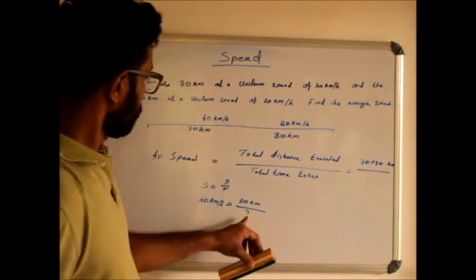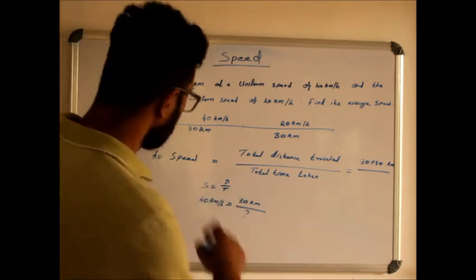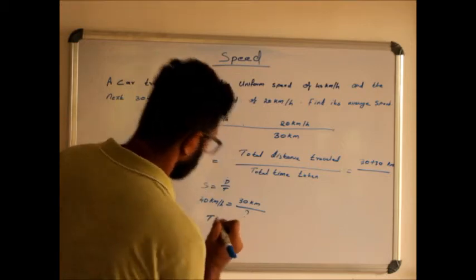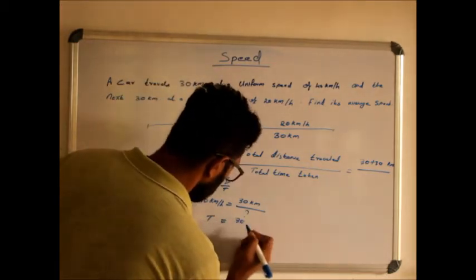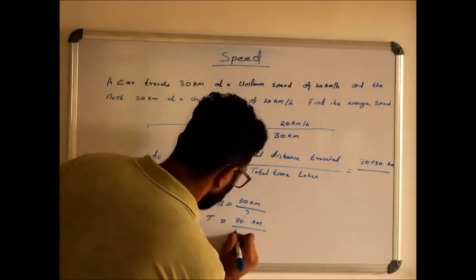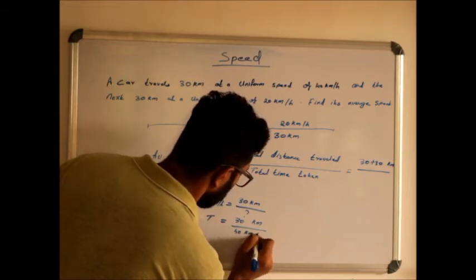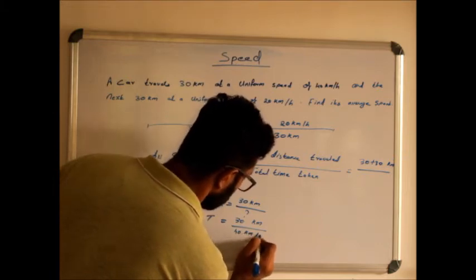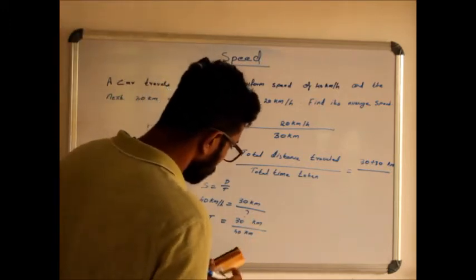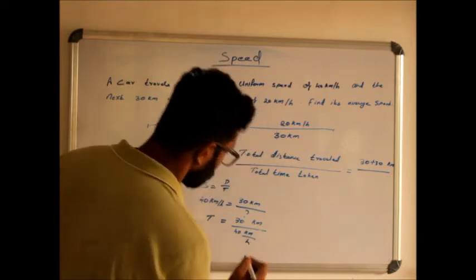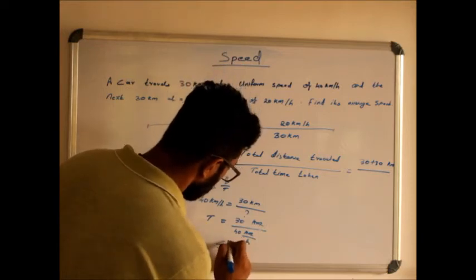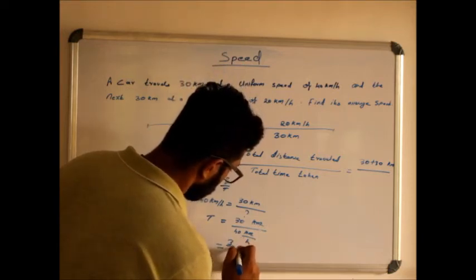So we can write time is equal to 30 kilometer divided by 40 kilometer per hour. So this will go up and this will be cancelled, and you will get 3 by 4 hours.